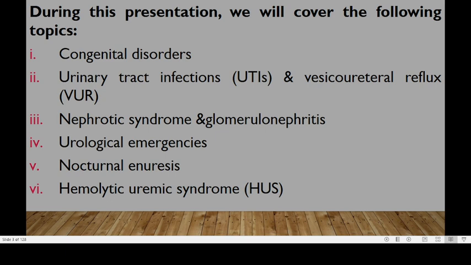Yes, the posterior urethral valves, along with testicular torsion and the Wilms tumor that we have mentioned, will be classified under the urological emergencies. Then we'll also look at another condition that we have categorized as nocturnal enuresis, and lastly the hemolytic uremic syndrome.